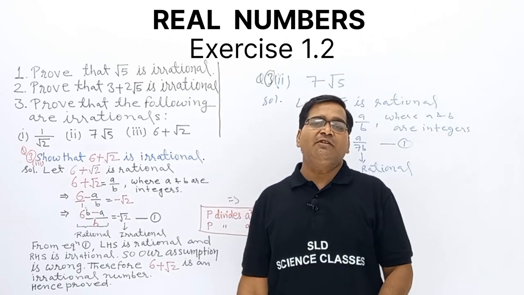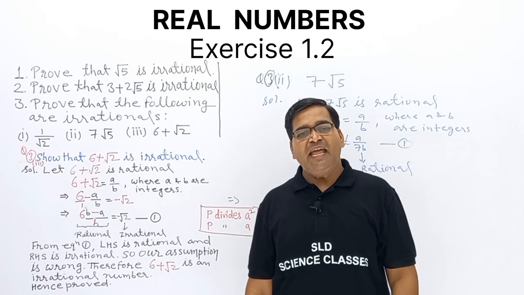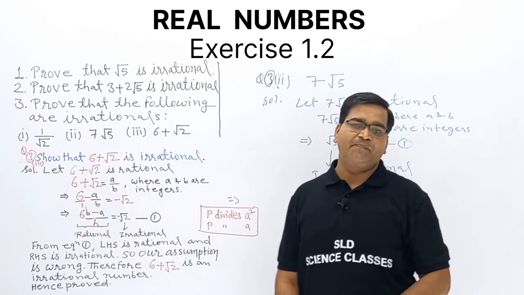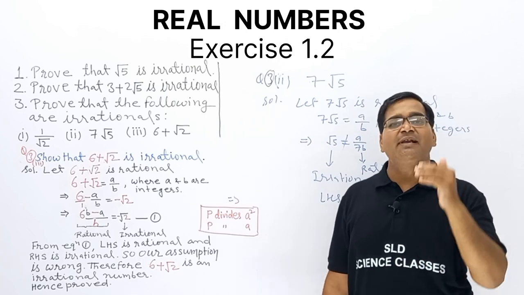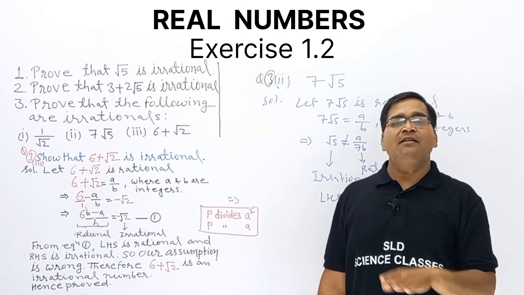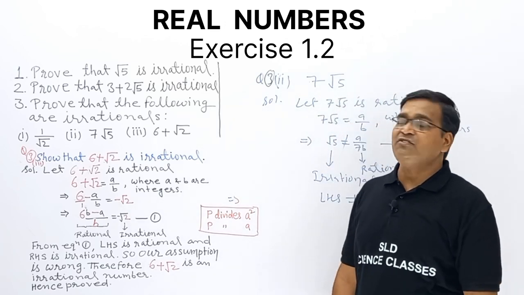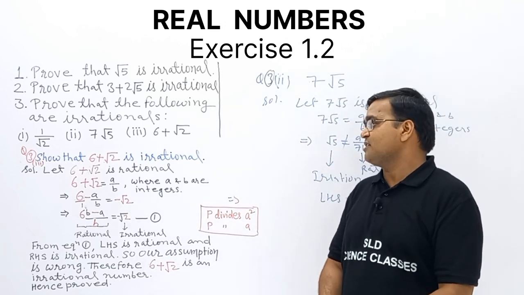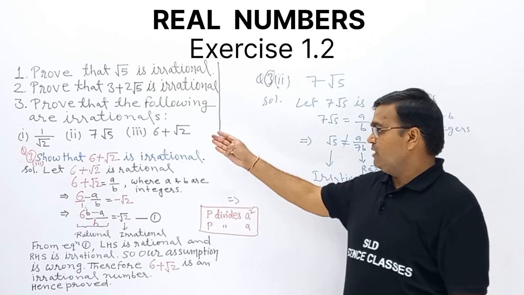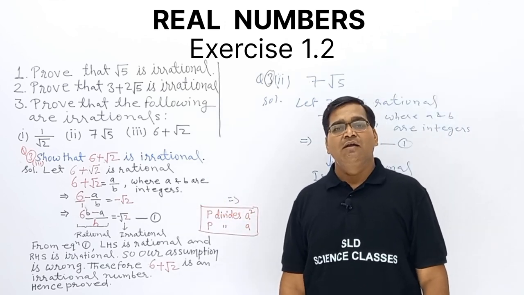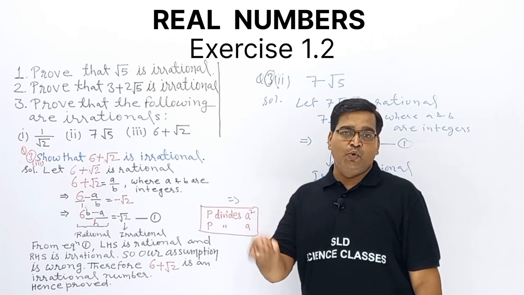First I started with root 2, then root 3, then I proved root 5. First we assume rational, then prove. Clear? In questions number 2 and 3 we have another process, and how will we solve? We will do this process and we can easily understand and prove.